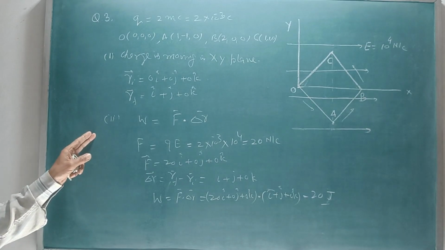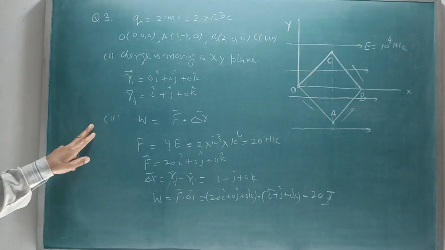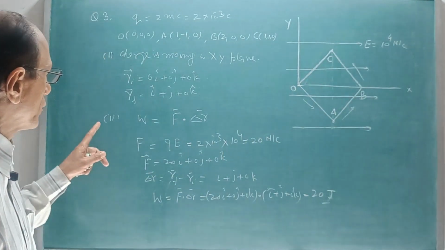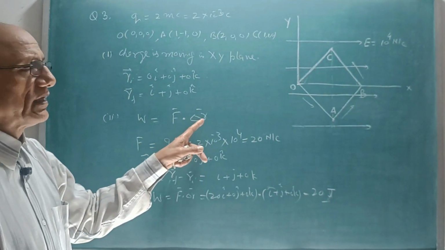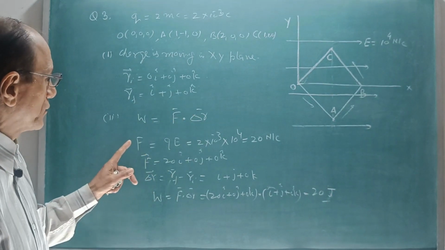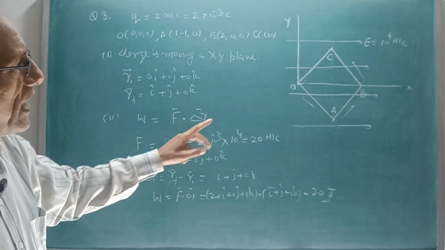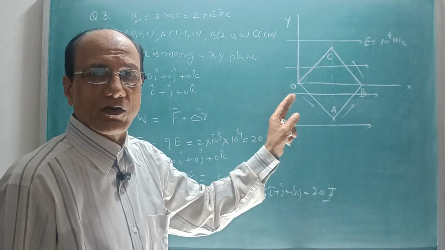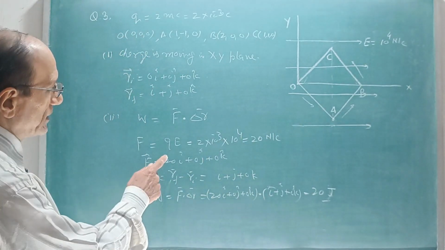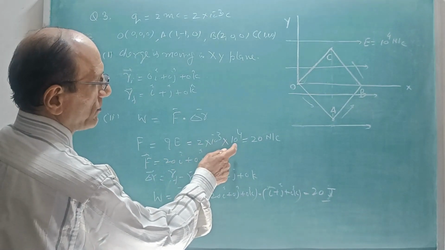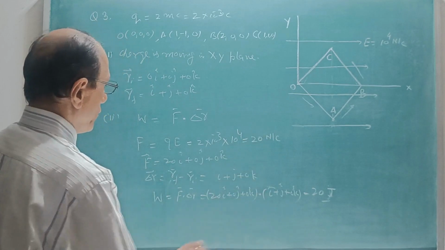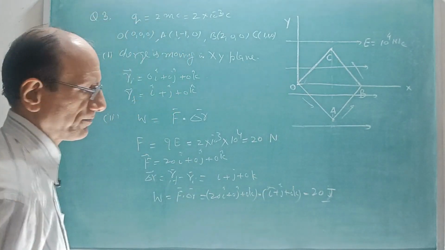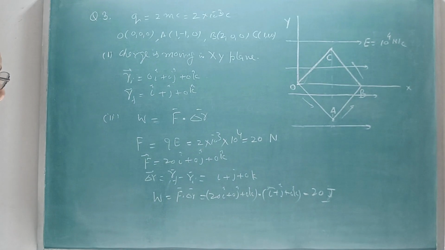The second part asks to calculate the amount of work done in moving this charge from O to C. The work done is always equal to force dot displacement, F dot delta R. F is equal to QE, because the charge is placed in a uniform electric field. The magnitude is 2 into 10 to the minus 3 into 10 to the power 4, that is 20 Newton. That is not the electric field, that is the 20 Newton force.